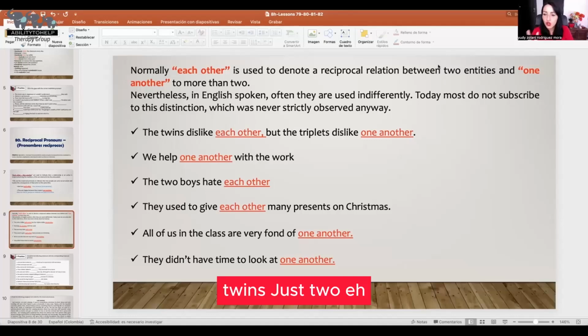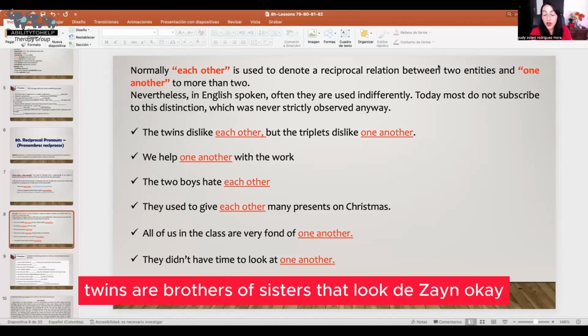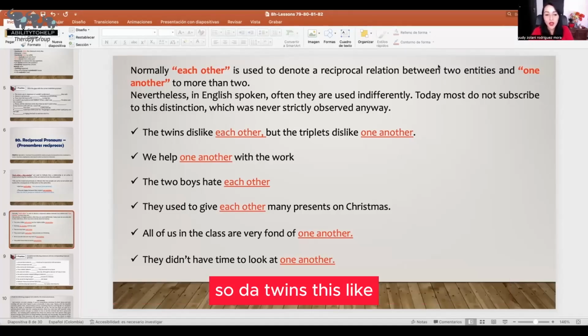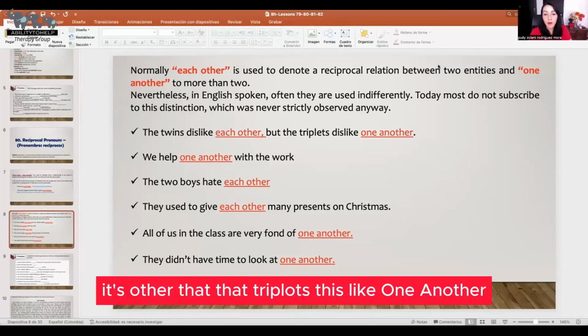Twins, just two. Twins are brothers or sisters that look the same, okay? So the twins dislike each other, but the triplets dislike one another.